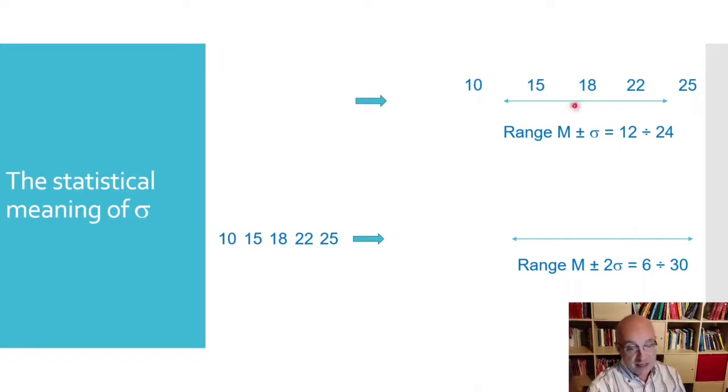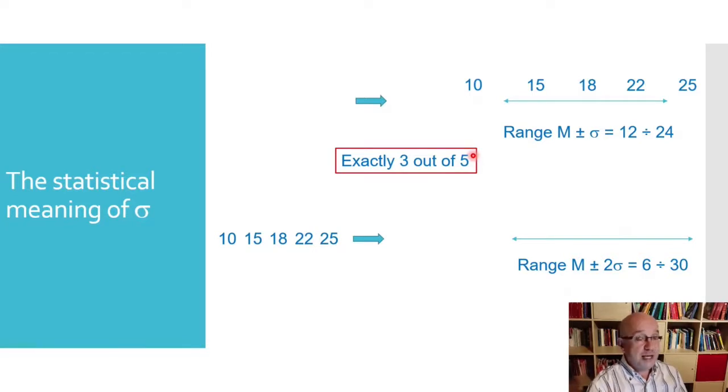But we have 3 values out of 5 within the range, and this is the expectation, exactly 3 out of 5. So the 68% percentage is okay, even if we weren't talking about an infinite number of data, but just 5 real data.